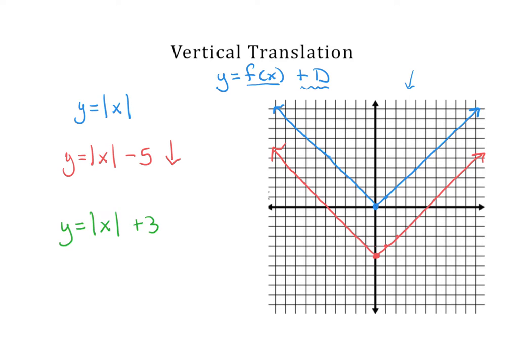Let's do one more. So this time I have a plus 3. That's going to shift my parent function up 3. So from the starting parent function, we're just going to shift all of its values up 3. And the idea is that you can apply this vertical translation to any of the parent functions.